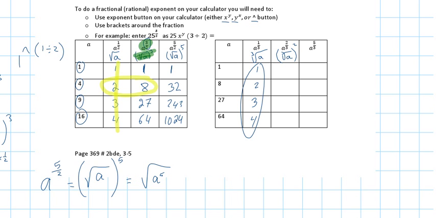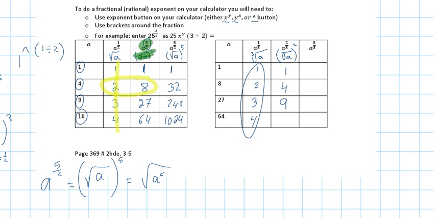Cube root of 8 was 2. If I raise 2 to the power of 2, what do I get? 4. What would this be? 9, because cube root of 27 is 3, and 3 to the power of 2 is 9. Cube root of 64 is 4, to the power of 2.